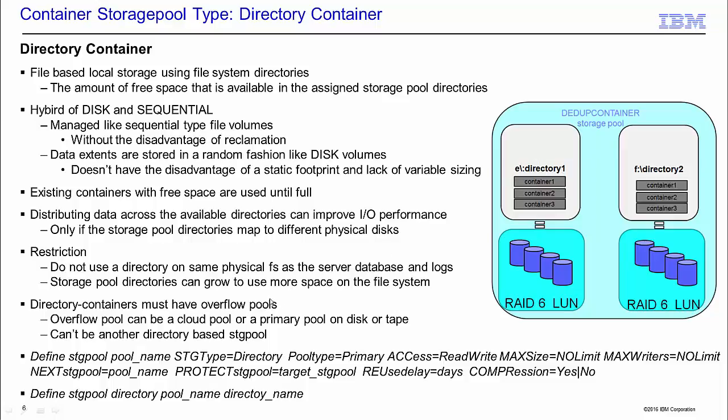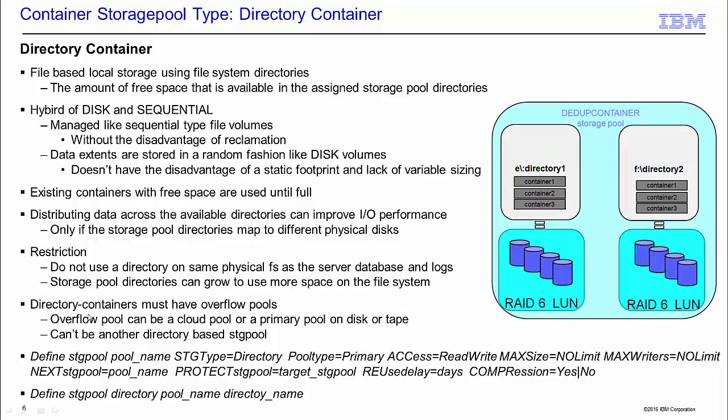And this will allow us to do some load balancing and improve our I/O performance if those directories map to different physical disks. You do not want to assign a directory to a directory container that's on the same physical file system as the Spectrum Protect database or log. This is because the storage pool container directory can grow to use more space on that file system.